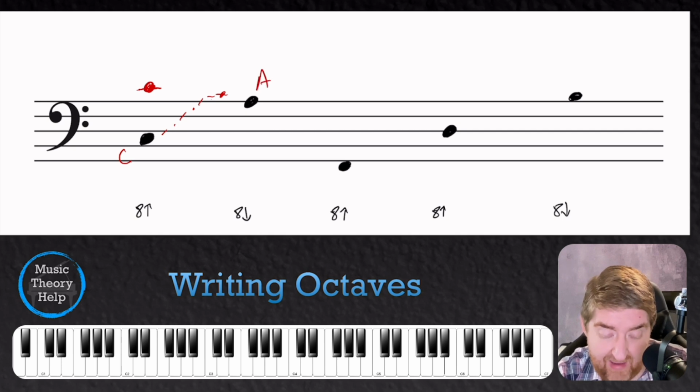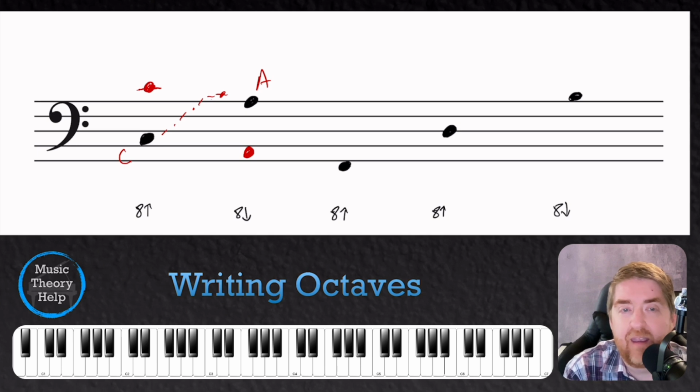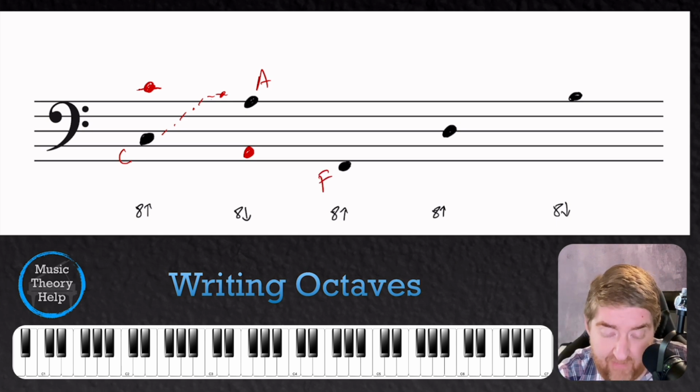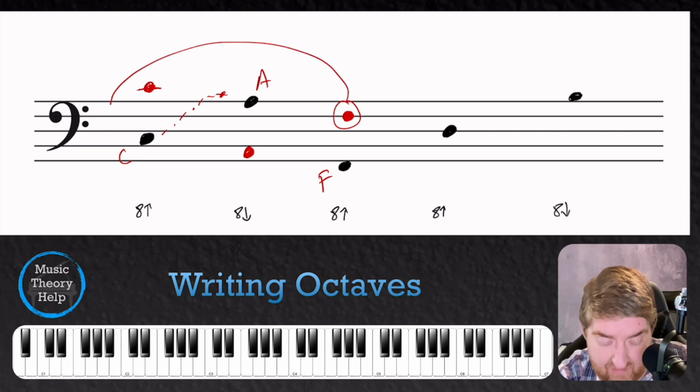Here we have an A. Here's our A, an octave lower. Again, our given note was on a line, so our note that's an octave lower will be on a space. Here's an F, the fourth line F. Again, we'll remember that this is an F clef.